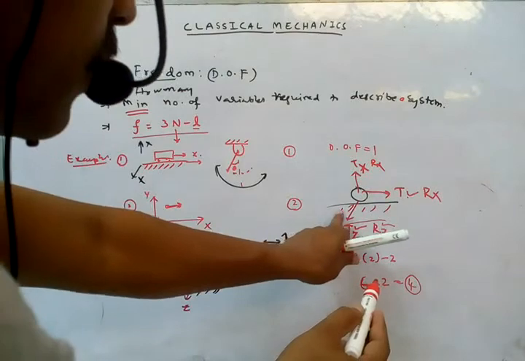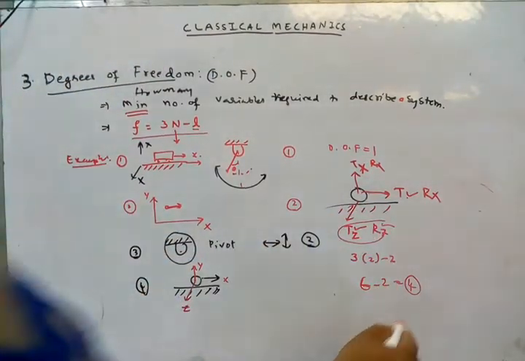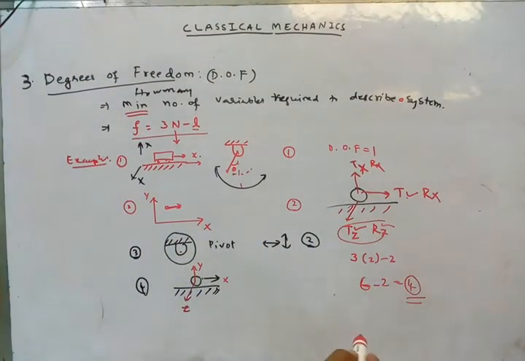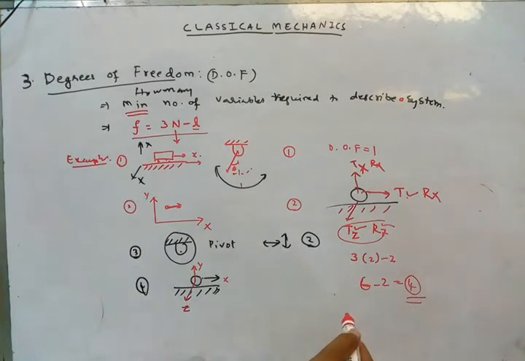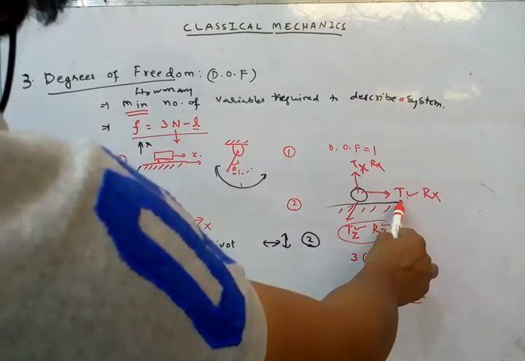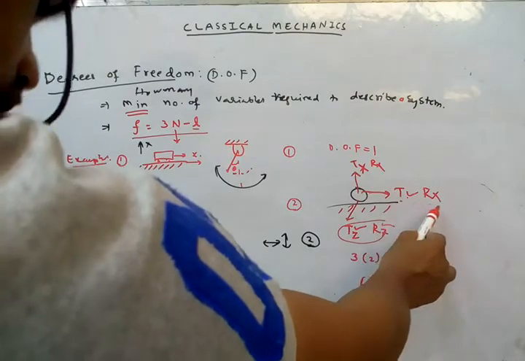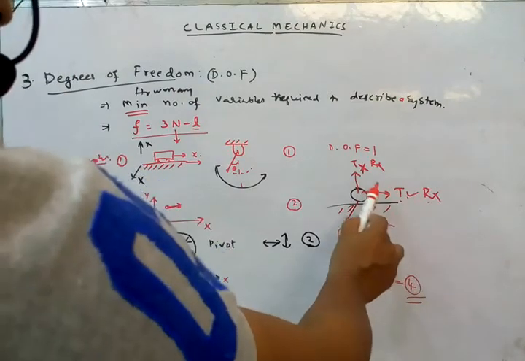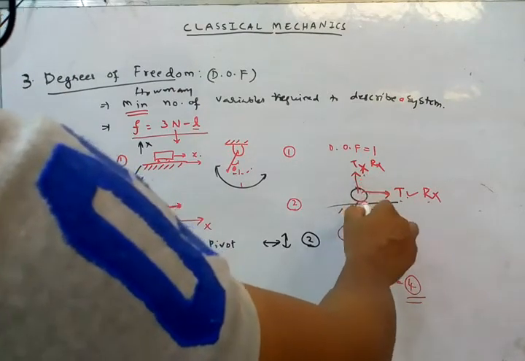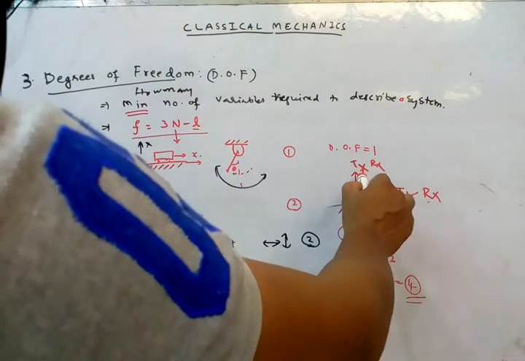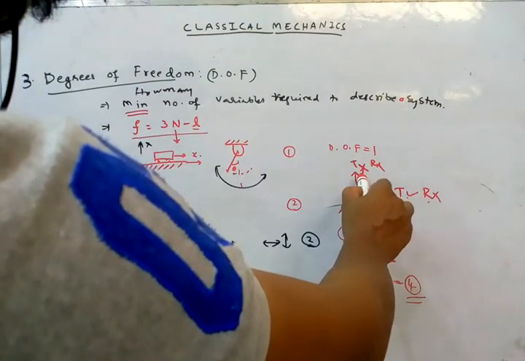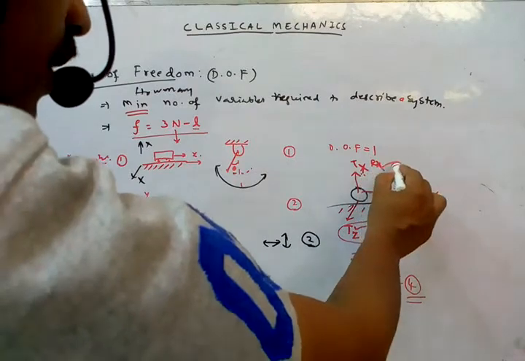So for any cylinder moving on a smooth surface, the degrees of freedom is 4. One is translation, then rotation is not there in the x direction. In the y direction it is not there, rotation is not there. Rotation is there in the other.